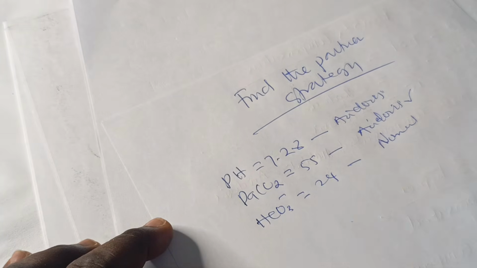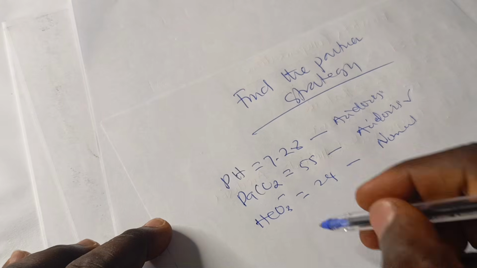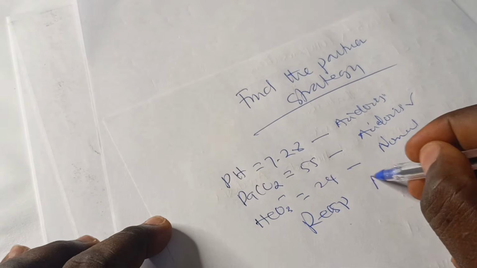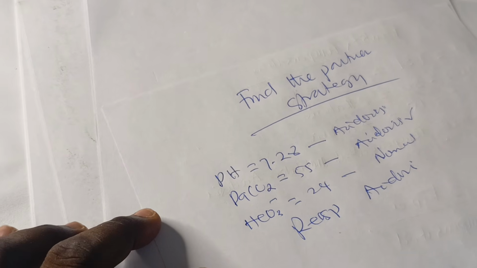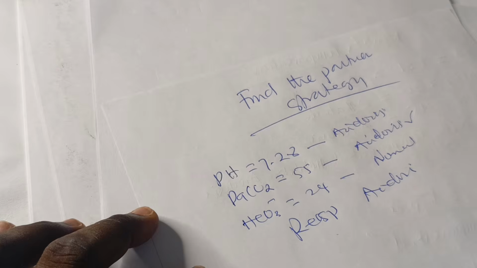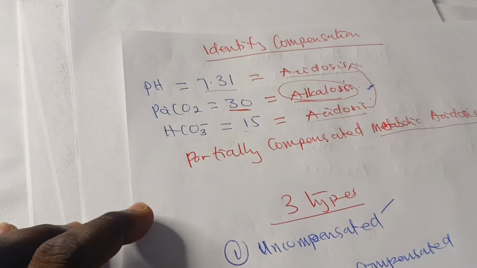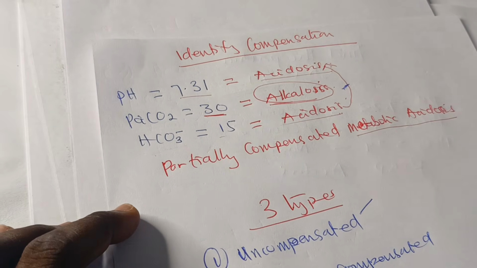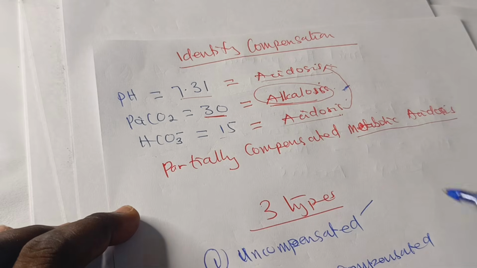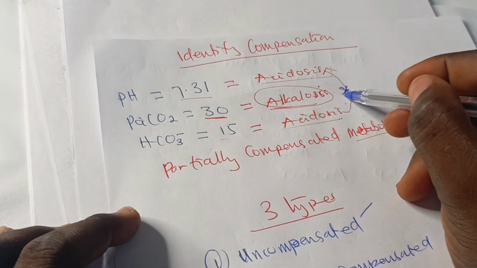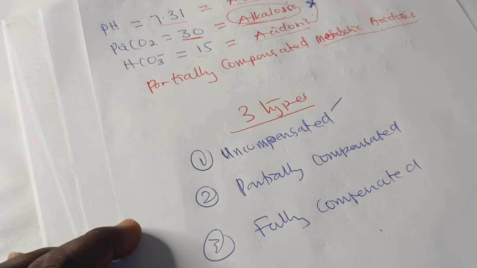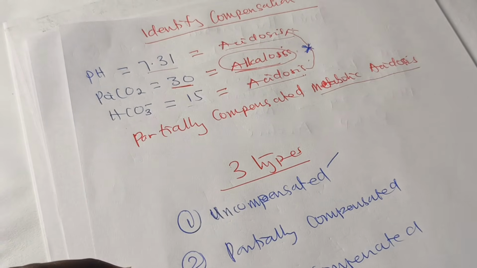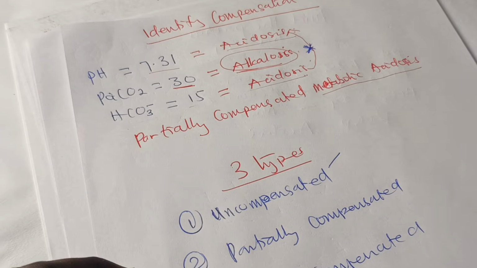So this is straightforward: respiratory acidosis. Okay, that was what we were doing from the beginning. Are you getting the point? But when we came to the compensation, with the example I showed you, we still look for the partner, but there was one thing that wasn't agreeing. This is the one. Are you getting the point? And I explained to you how we can say it is partially compensated metabolic acidosis, right?